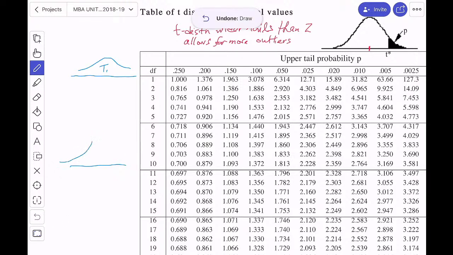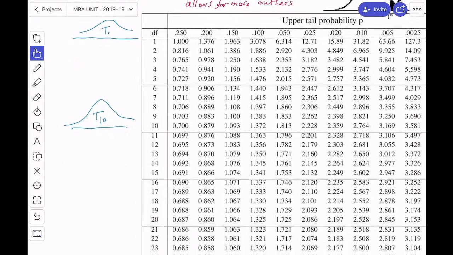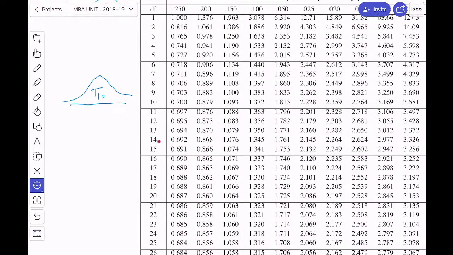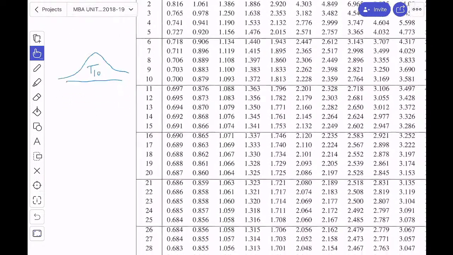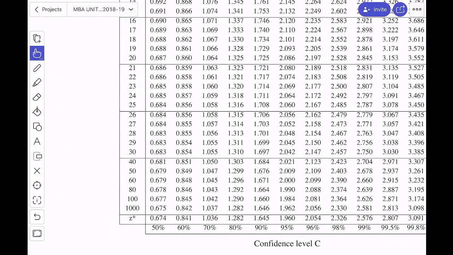A little more peaked and more narrow here in the tails. So this is like T10. And then it goes and goes like that, narrowing the higher the sample size until ultimately, after a point, the t distribution looks like the z distribution.